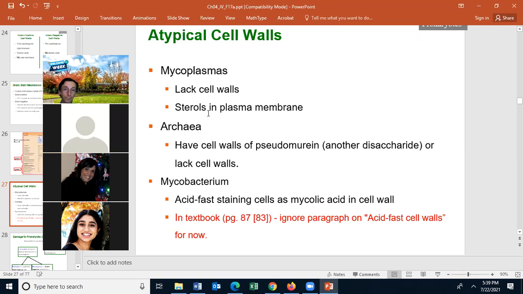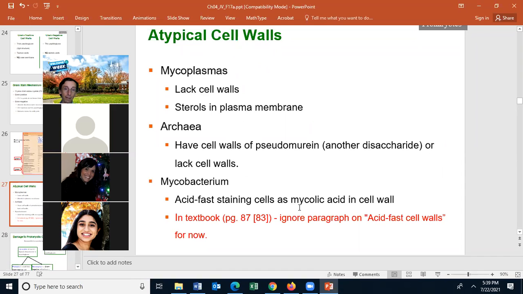All right. We will hardly talk about the mycoplasmas in this class, but they are atypical. They are a bacteria, but they lack a cell wall. The Mycobacterium is another family of bacteria which have atypical cell walls. They are gram-positive, but they are different. And that is, they have a lot of mycolic acid in their cell wall.